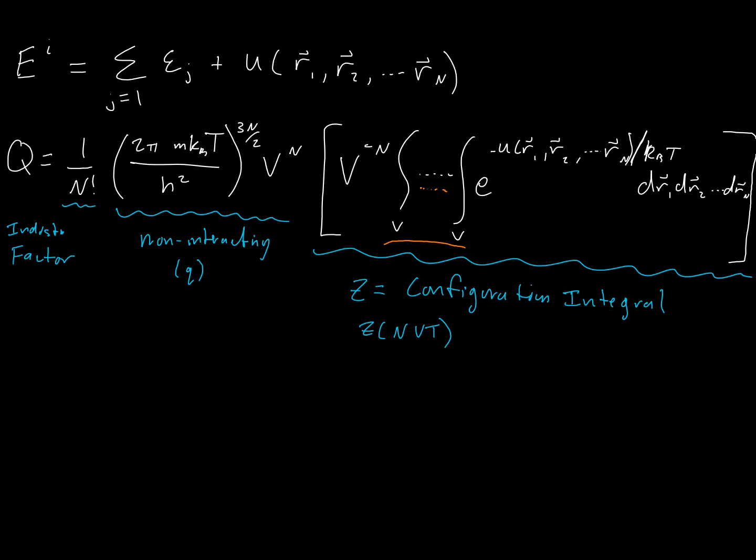There's one integral for every single particle. So what the configuration integral says is that the partition function is every possible configuration of the system. Then we take every possible configuration of the system, scale the energy of that configuration by a Boltzmann factor, and then add it all together. So the integral is the adding it all together.